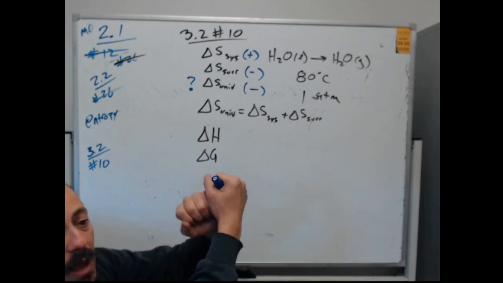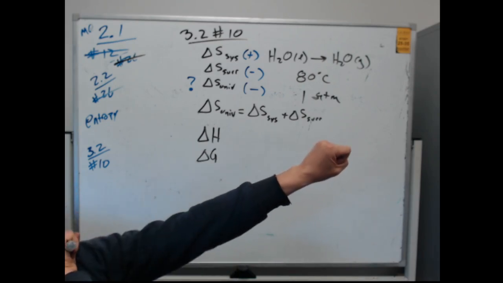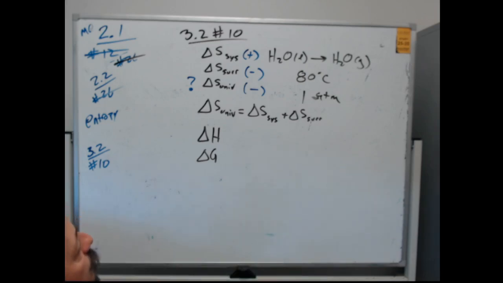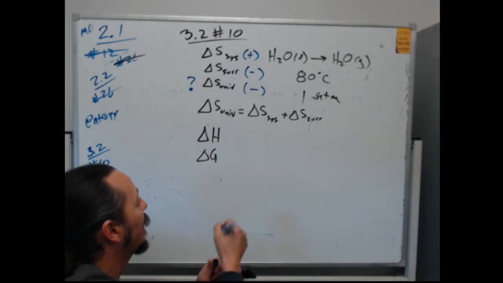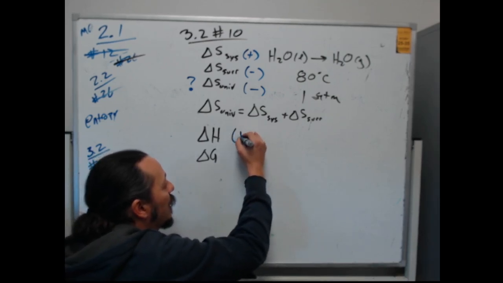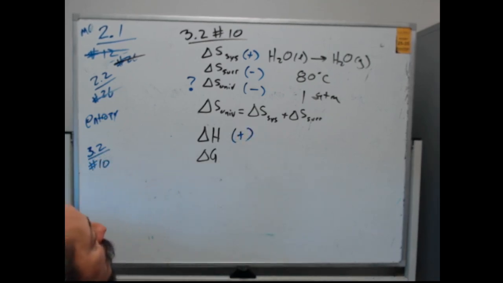So if I'm going from IMFs that exist to IMFs that don't exist, I have to put energy in order to make that happen. So I think the delta H for this is going to end up being positive. I'm liking this. I think this will work out okay.